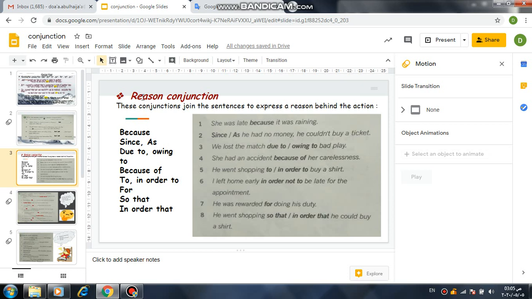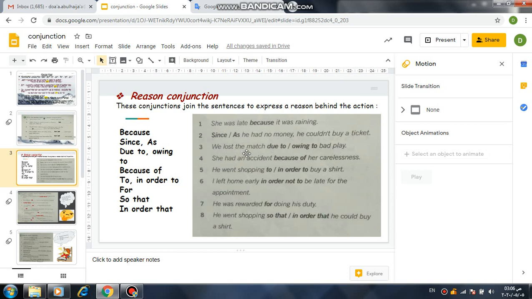So we call these reason conjunctions. Number 2. Since or as she had no money, she couldn't buy a ticket. The reason is she had no money. We lost the match owing to bad play.